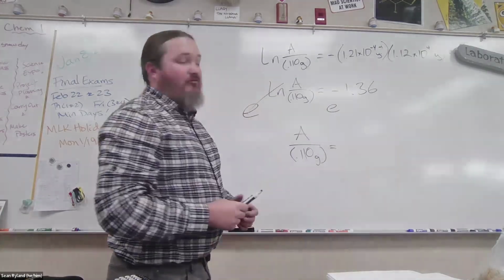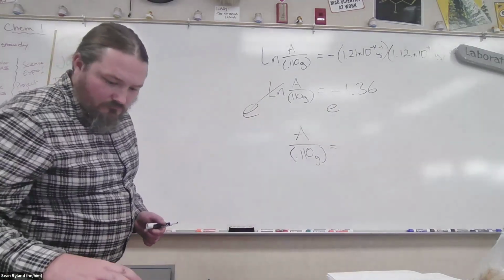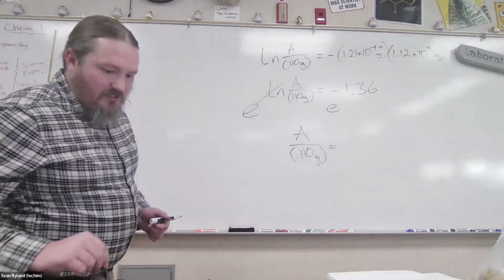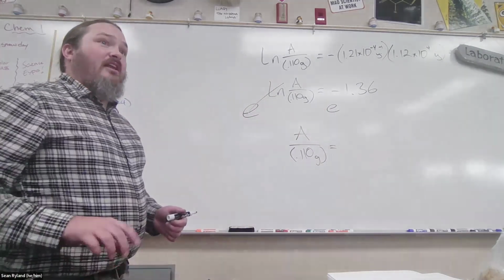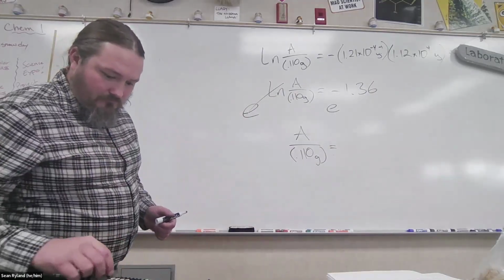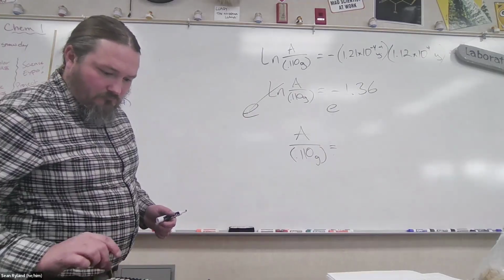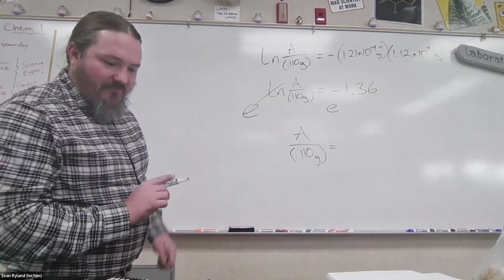Something pretty close to 0.25. You usually get E by hitting second and then the natural log button. 0.257.